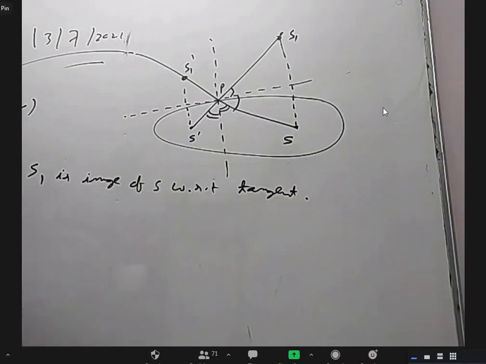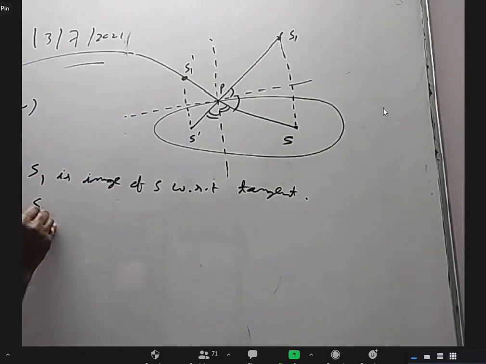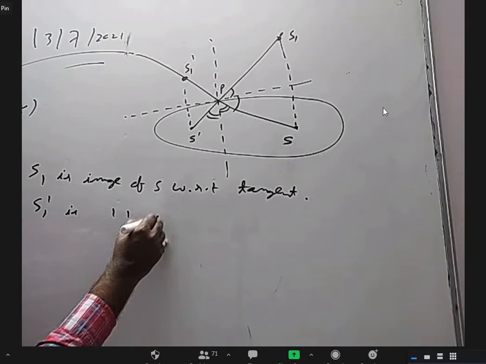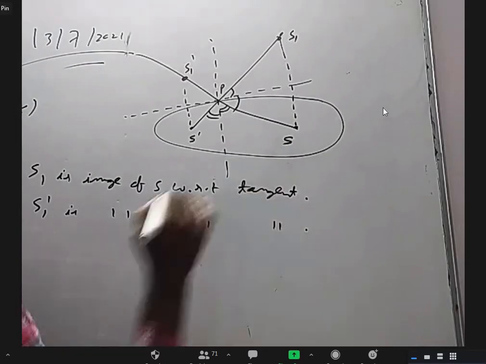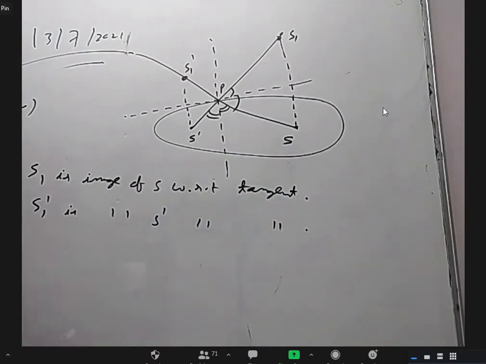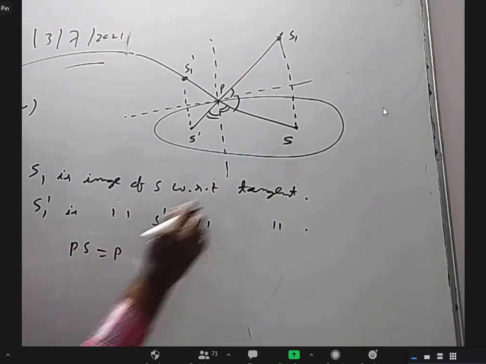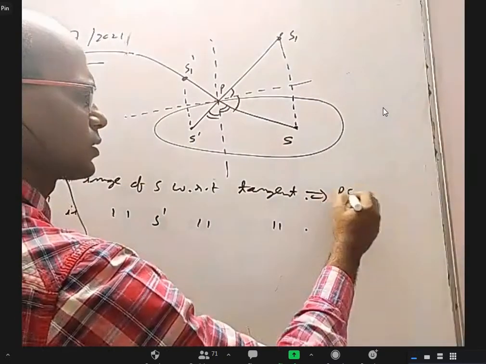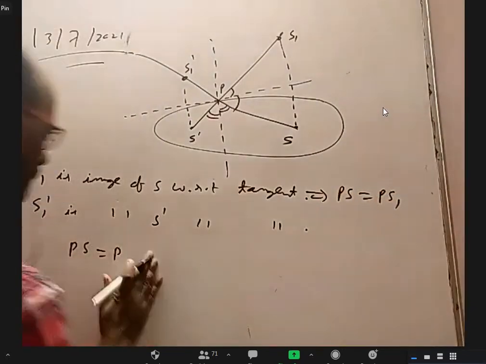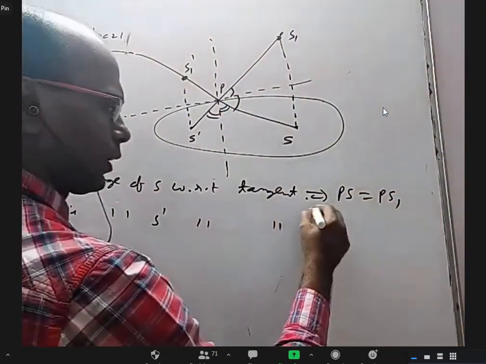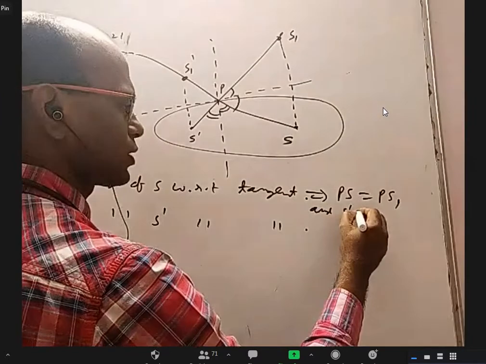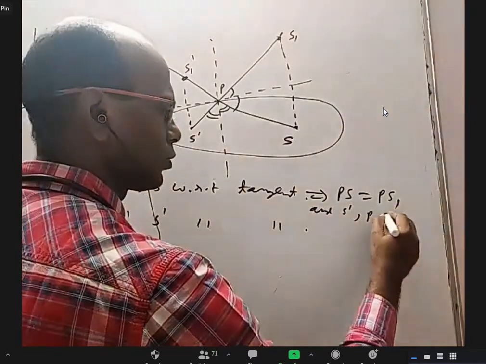S1 is the image of S with respect to the tangent, and S1 dash is the image of S dash with respect to the tangent. Now, PS is obviously the same as, you can write here, PS is equal to PS1. And S dash, P, S1 are collinear.